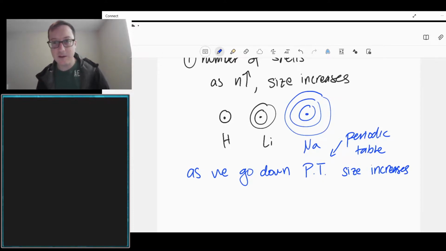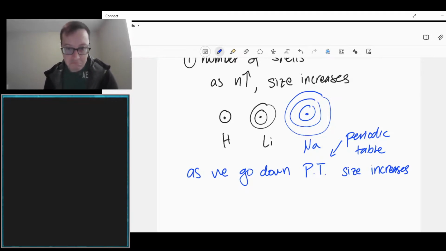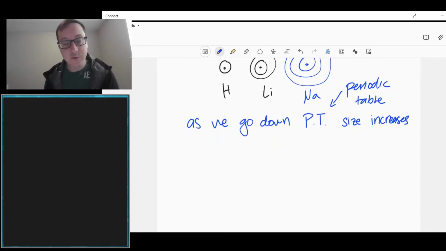That should be hopefully pretty self-explanatory. The more shells you have, the bigger your atom is going to be. Pretty standard. But what's going to happen as we go left to right or right to left? That might not be so obvious to us.